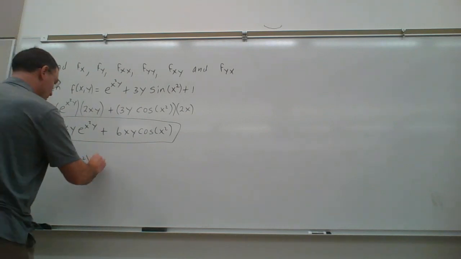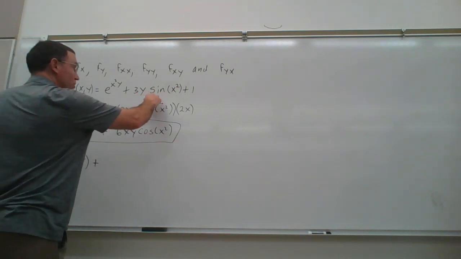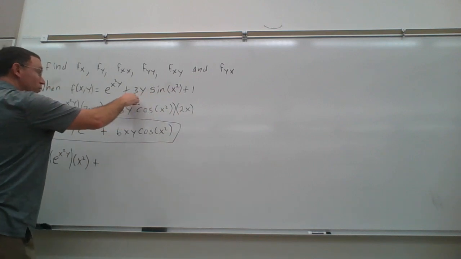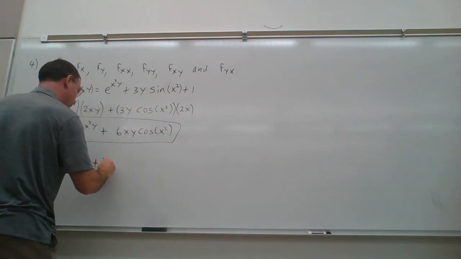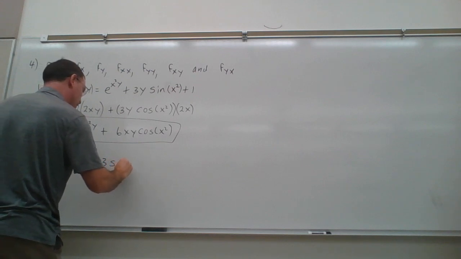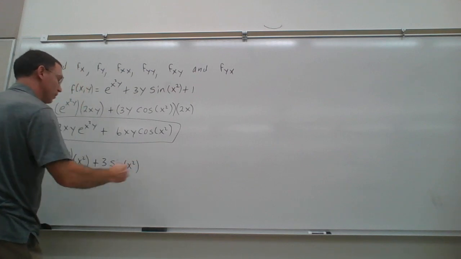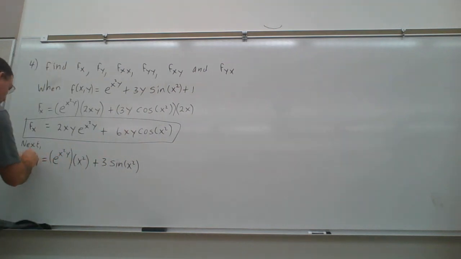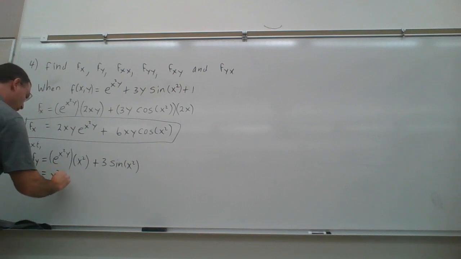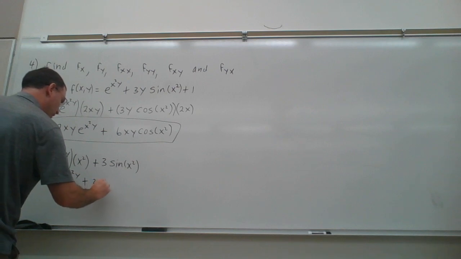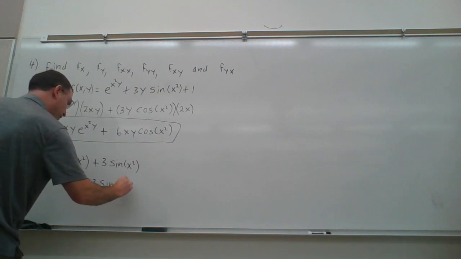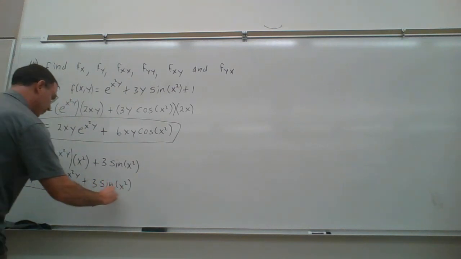And then plus, the sine x squared is a constant, so derivative of 3y with respect to y would just be 3, so it'll be 3 sine x squared, and derivative of 1 is 0. So let's clean up a bit. So x squared e to the x squared y plus 3 sine of x squared is my fy.